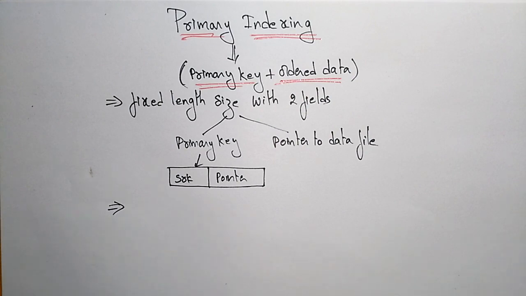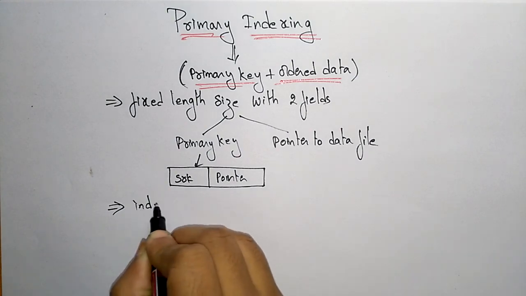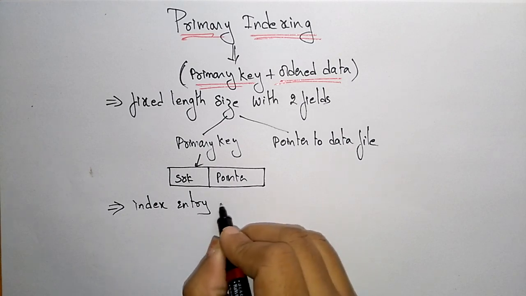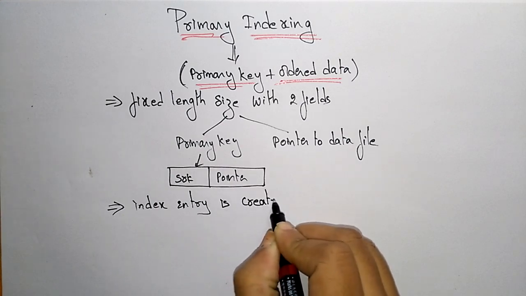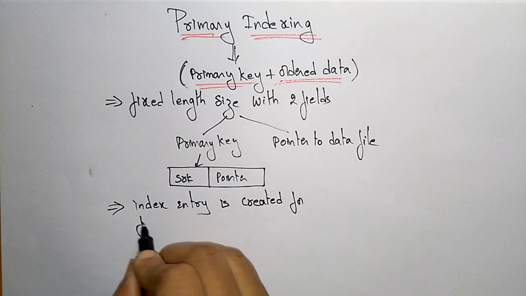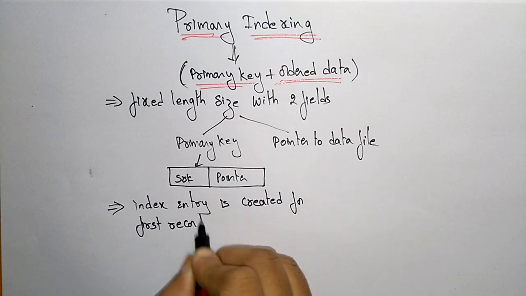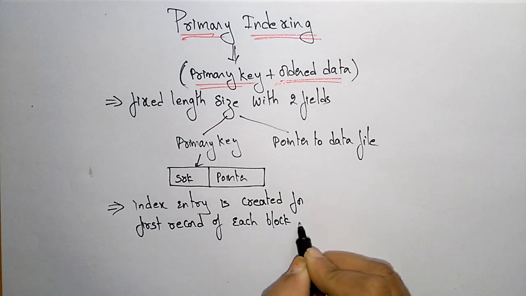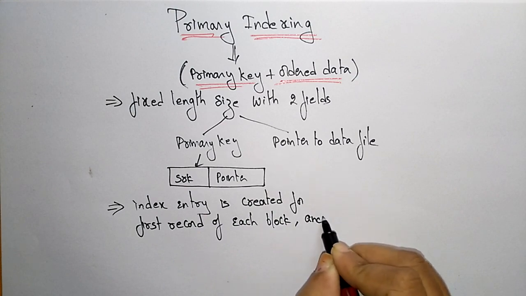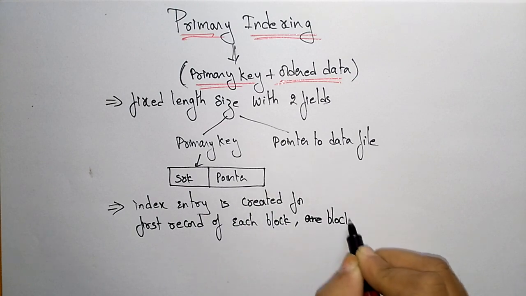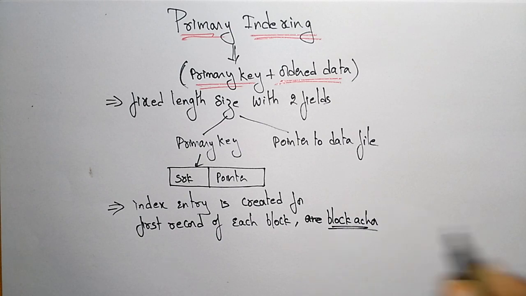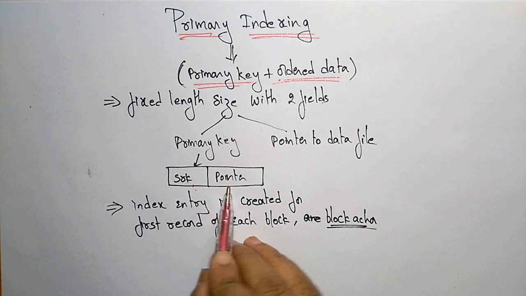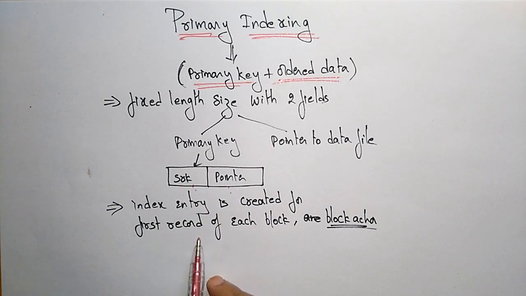That you have to note here. So whatever index entry is created for the first record of each block.